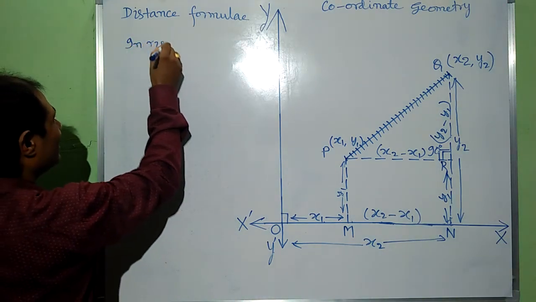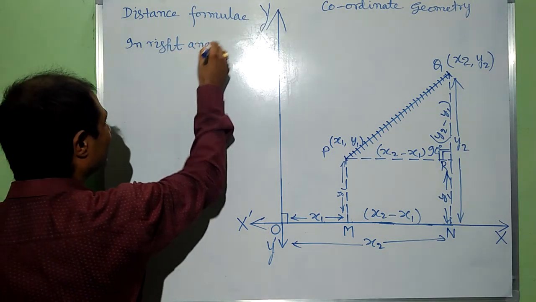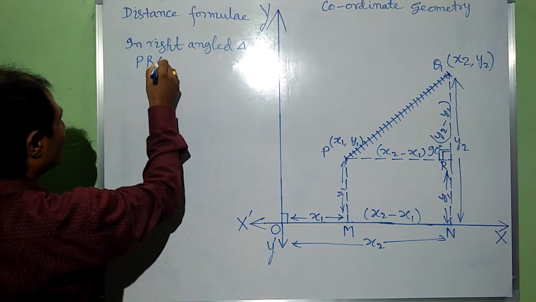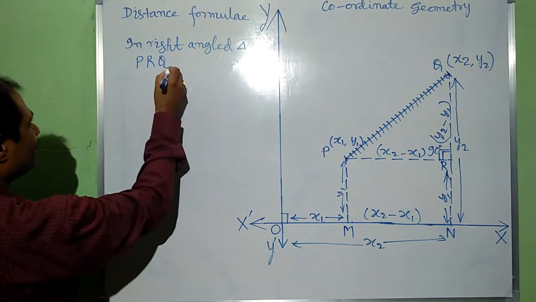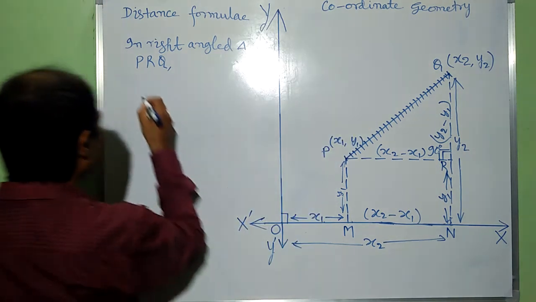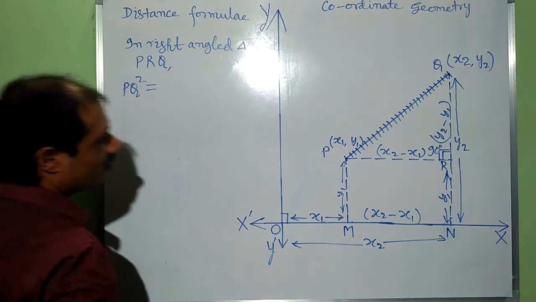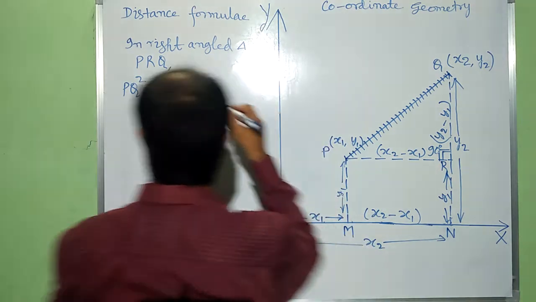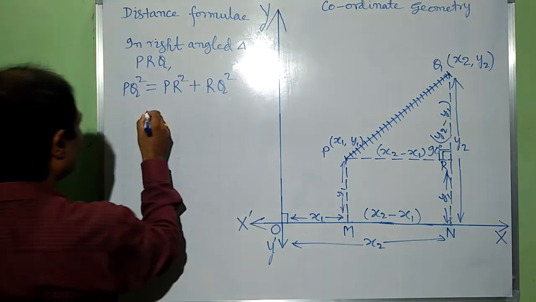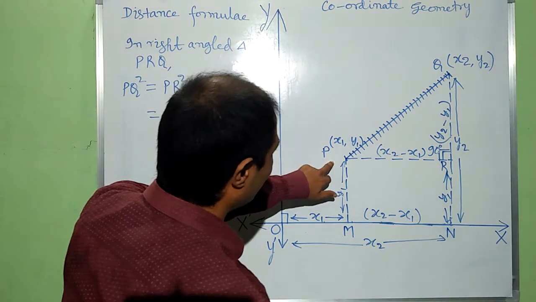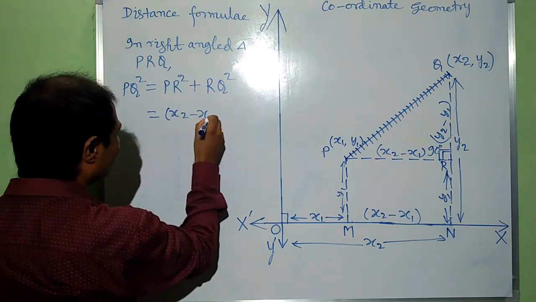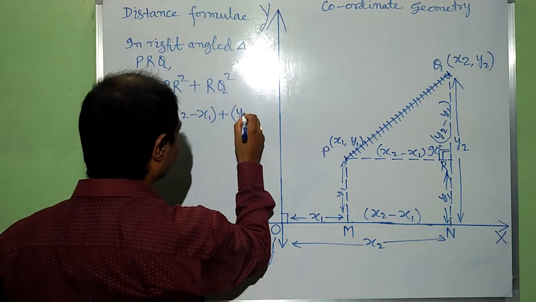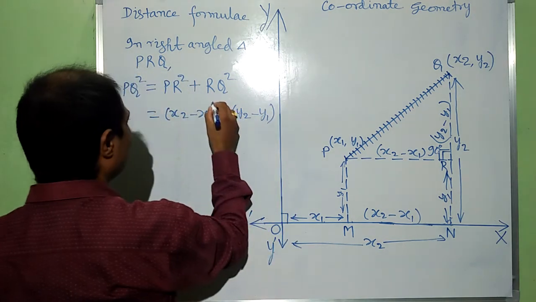In right angled triangle PRQ, PQ square, this is the hypotenuse, PQ square is equal to PR square plus RQ square, is equal to PR, that is x2 minus x1, plus RQ, that is y2 minus y1, its whole square.